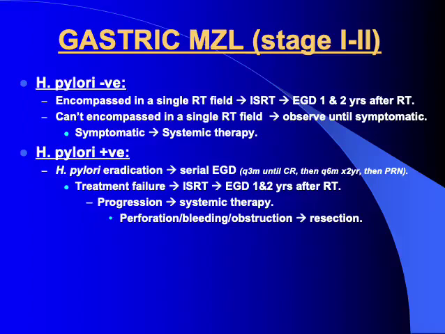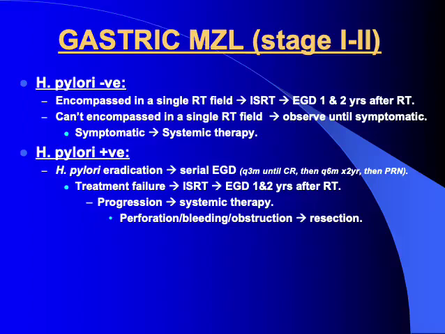Here is the interesting part. If the marginal zone lymphoma is associated or, quote unquote, caused by the H. pylori, so H. pylori positive gastric marginal zone lymphoma, the treatment is H. pylori eradication. And then we repeat EGD every 3 months until complete remission, then every 6 months for 2 years, then as needed.